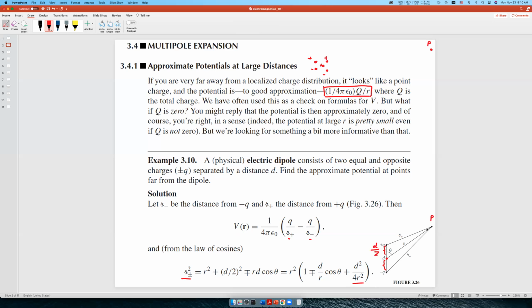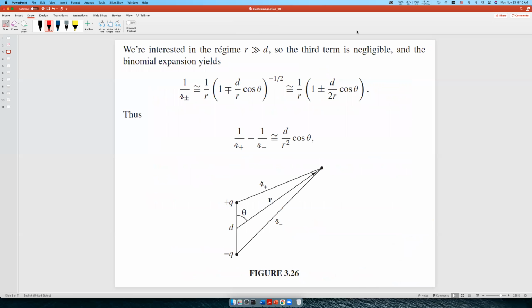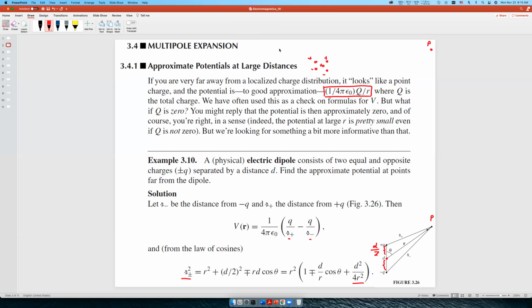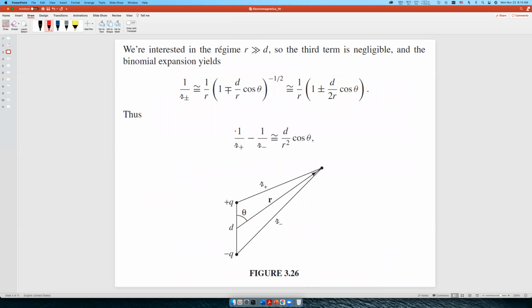Now you will have only two terms, r plus-minus squared equals the first two terms. And from the first two terms, you can yield an equation which is shown here: 1 over r plus-minus is approximately equal to 1 over r, times (1 plus-minus d over 2r cosine theta).